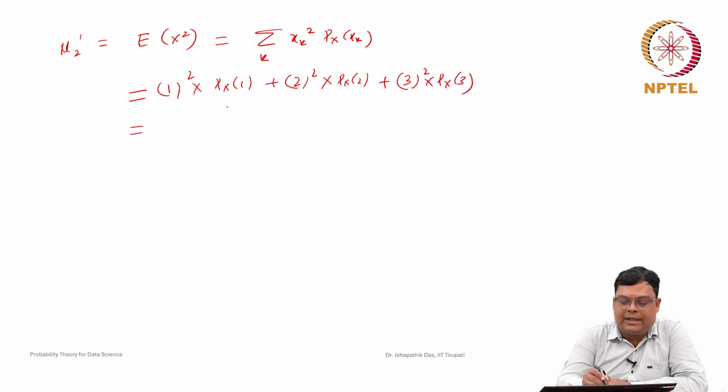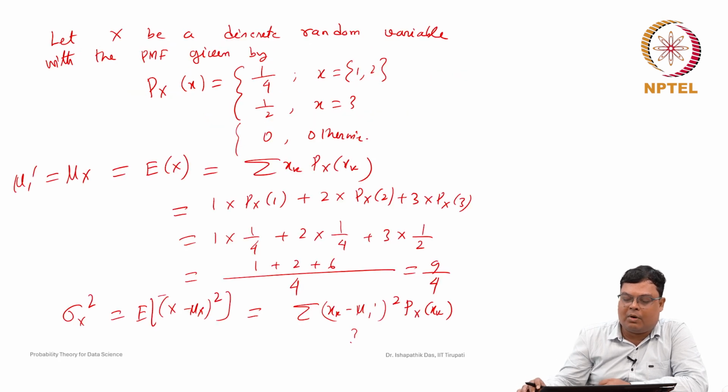So, 1 squared is 1 into P_X(1), which is 1/4, plus 2 squared is 4 into 1/4, plus 9 into P_X(3), which is 1/2. I am finding the probability here.